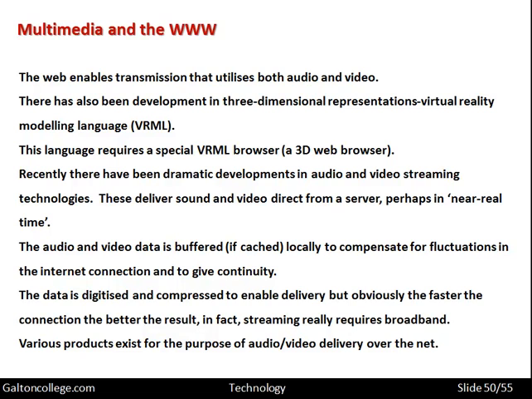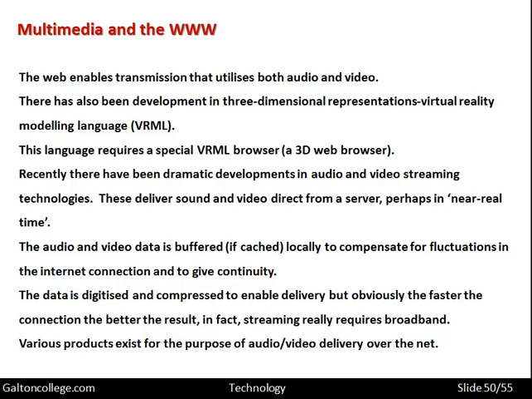The data is digitized and compressed to enable delivery, but obviously the faster the connection, the better the result. In fact, streaming really requires broadband. Now, broadband really should run from about a meg upwards. But to stream video, it's possible to do it at 600k a second, 600 kilobytes a second.